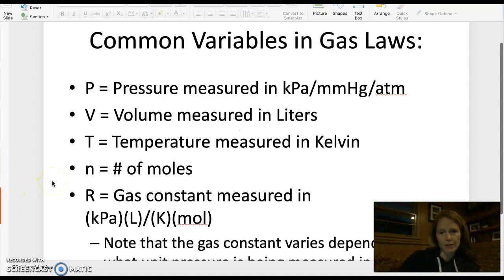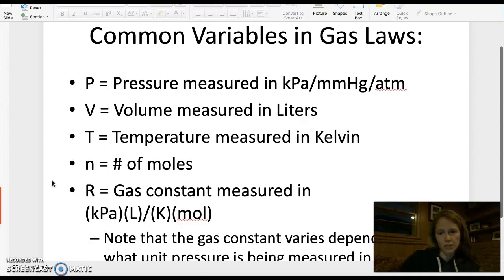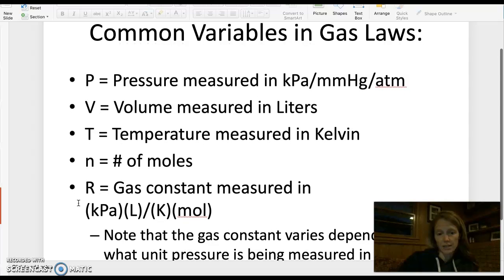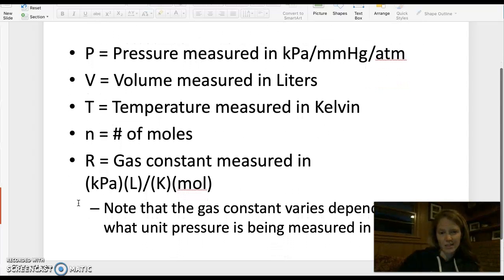So the most common variables that you'll see used in these gas laws that we're going to talk about are pressure, volume, temperature, n, which is going to be used to represent moles, and then this constant R, which is called the gas constant. And the gas constant kind of has this complicated looking unit.